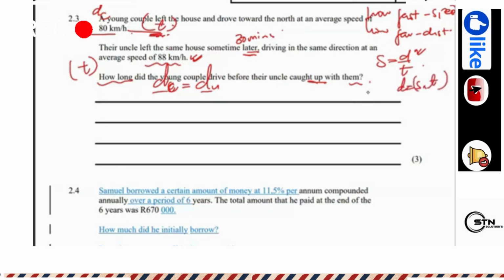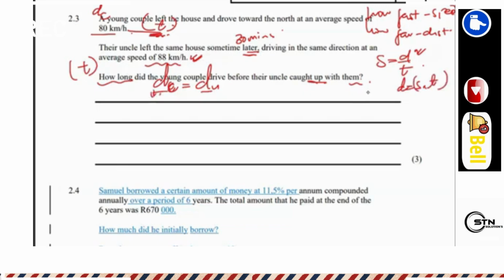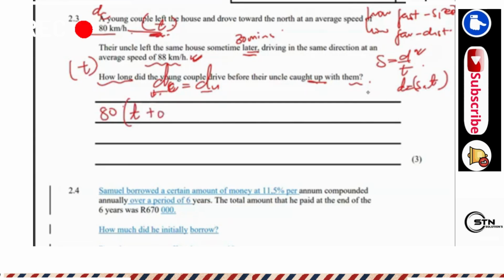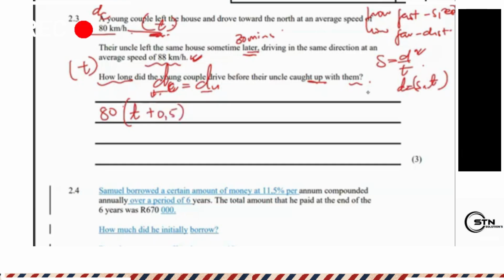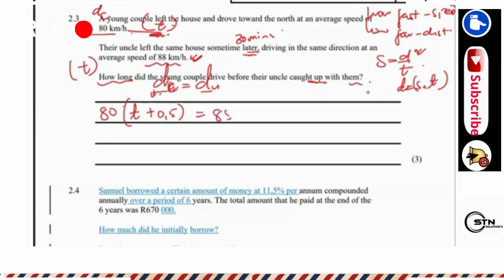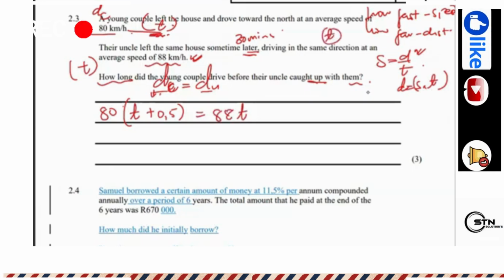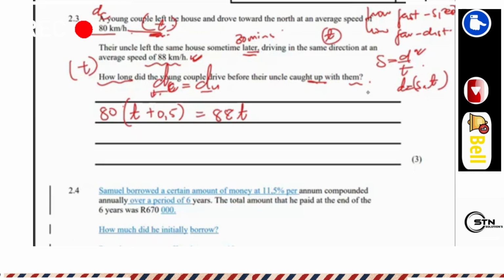So if I'm focusing on the couple, it's going to be 80 multiplied by (t plus 0.5) should be equal to 88 multiplied by t, because now I'm taking t to be the time taken by the uncle and then the 30 minutes for the couple, because they would have traveled 30 minutes extra.